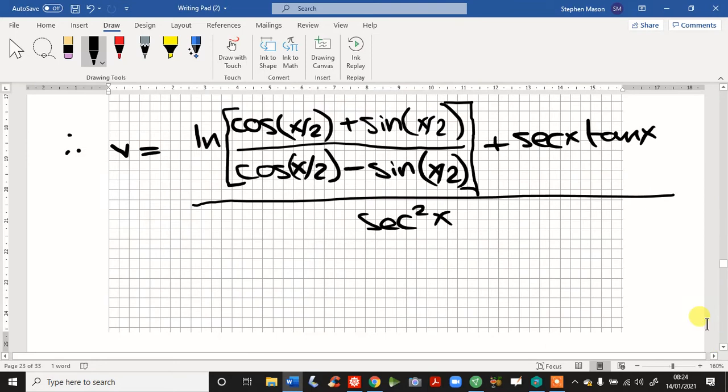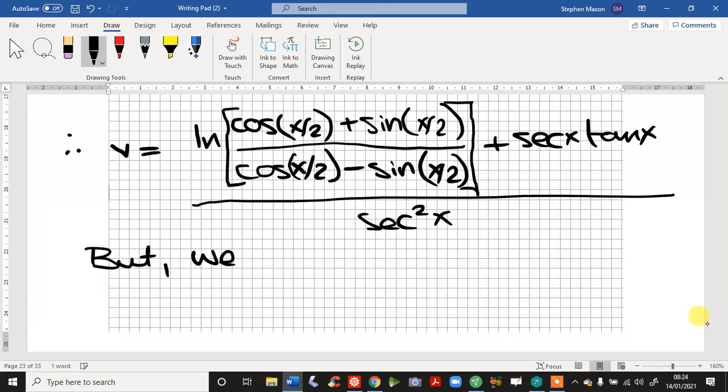Now we're nearly there. We've nearly got the solution because we know that v equals 1 over y squared.